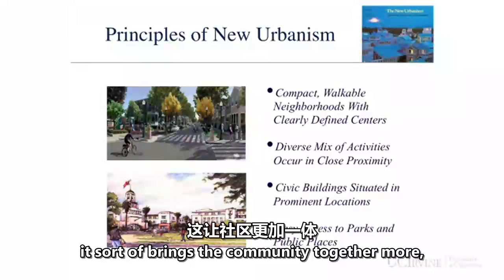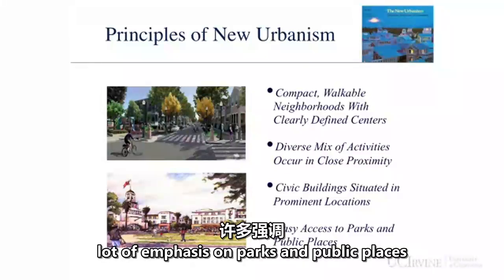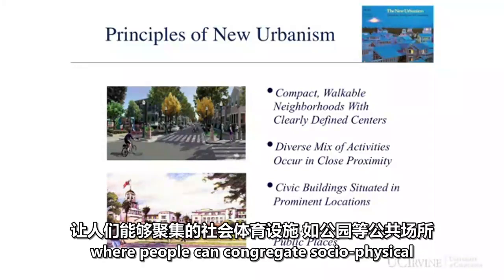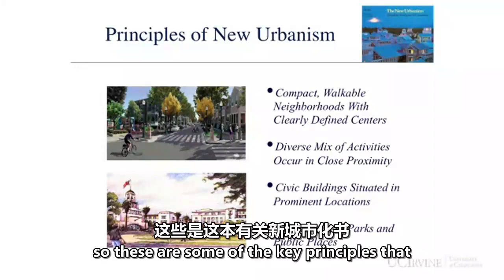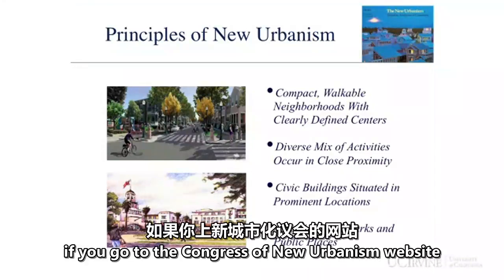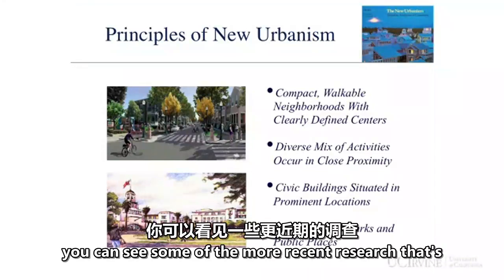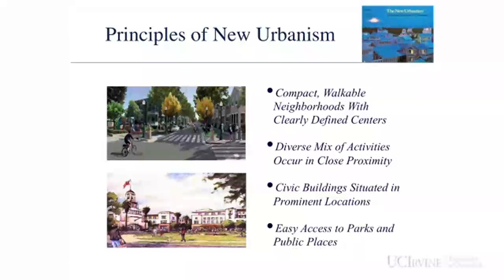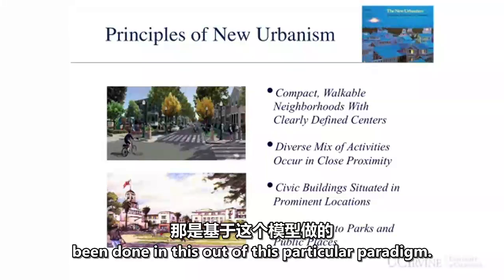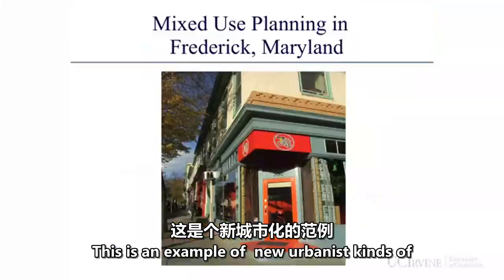It sort of brings the community together more. A lot of emphasis on parks and public places where people can congregate, socio-optimal settings where people can get together. So these are some of the key principles that are laid out in this book on New Urbanism. And if you go to the Congress for the New Urbanism website, you can see some of the more recent research that's been done out of this particular paradigm.